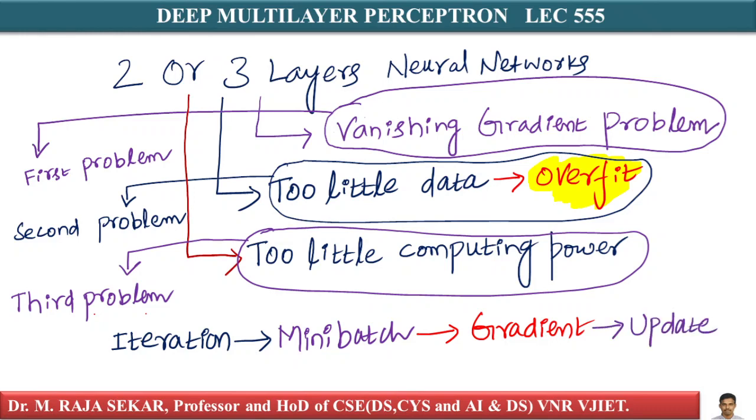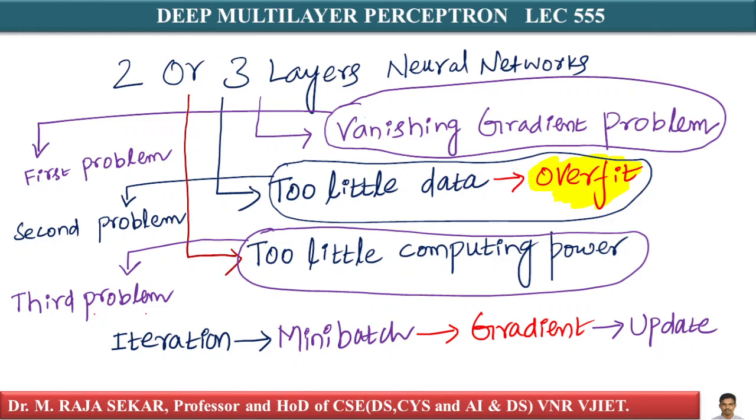Now if you have thousands of weights, each iteration will take a lot of time, because you have thousands of weights to update. Imagine how much each epoch will take, and how much multiple epochs will take for your model to actually converge. You need multiple epochs.